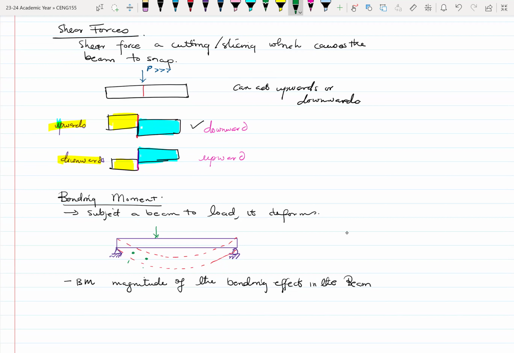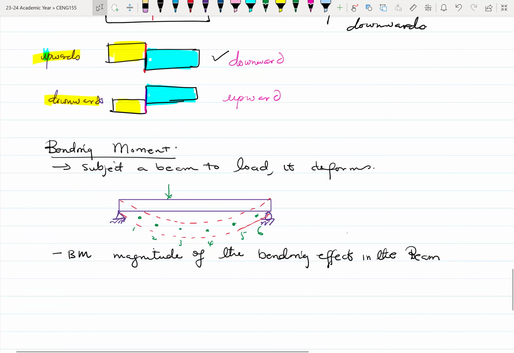We can determine the bending moment at point two, point three, point four, point five, and maybe point six. At each location on the beam, the bending moment will be different. The bending behavior will be different. Normally, between 3 and 4 is where you might have your highest bending moment value, at least for this case.